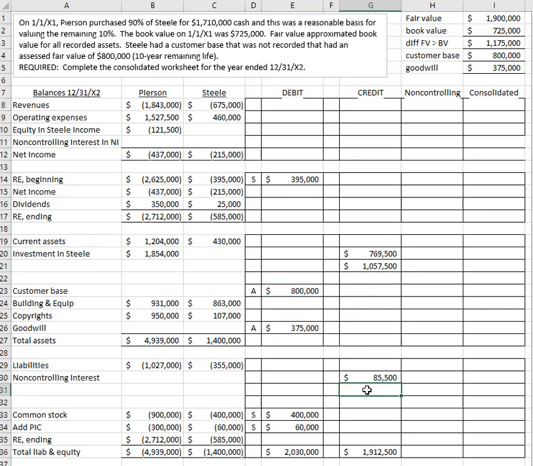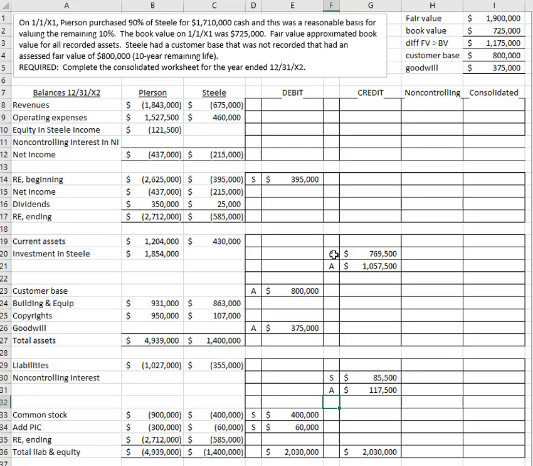Decimal in there this time, and then the non-controlling interest gets the other 10%. Okay, and our debits equal our credits, so we're good there. Let's put these entries in here. Okay, so there's your S and A entries.